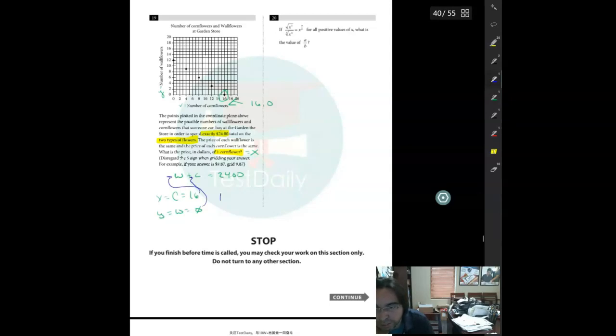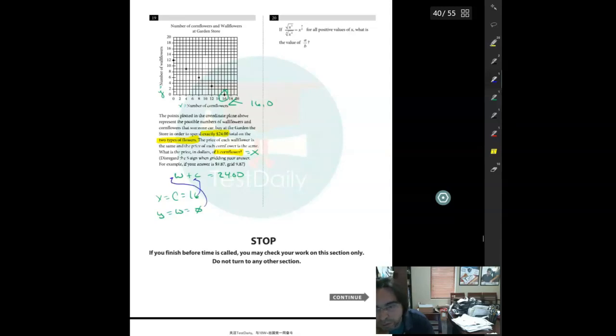The equation would then read 16, I'm sorry, not 16. I plugged them in the wrong spot. Instead, 16 will go here, and 0 will go right here.